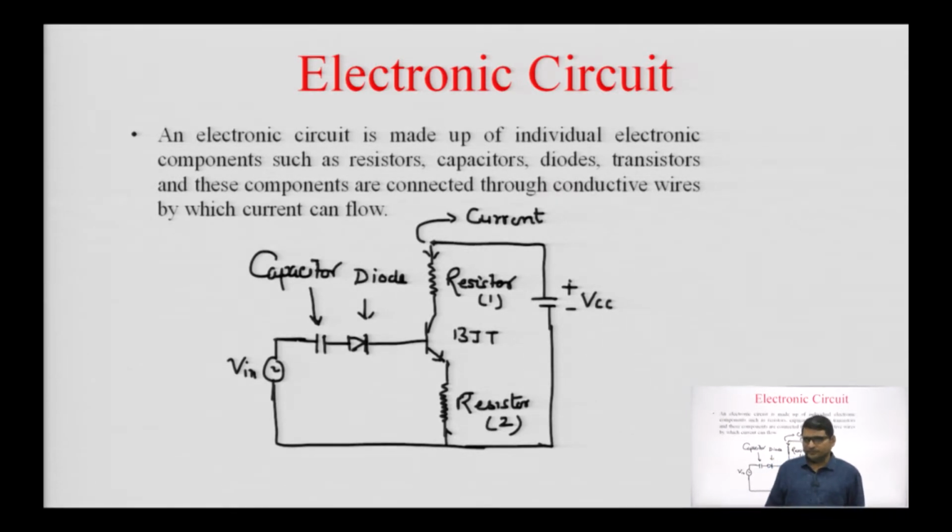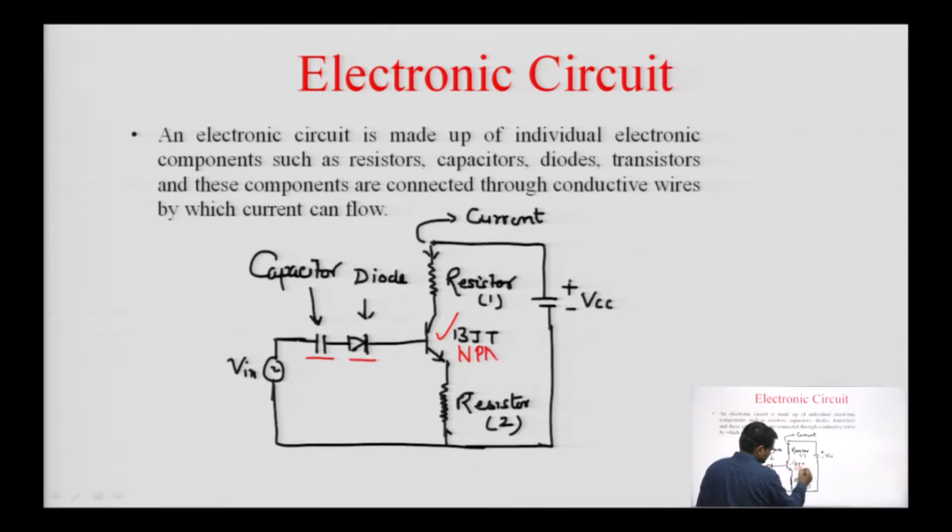Here we take a typical electronic circuit containing a capacitor, diode, NPN BJT transistor, a resistor which in the circuit we generally call RC, a second resistor which is RE, the emitter resistor, and this is the power supply.